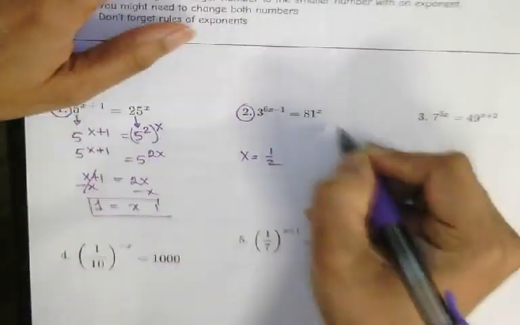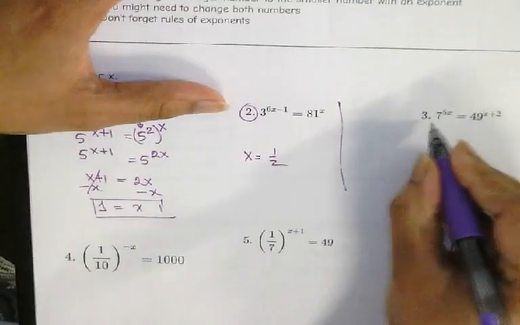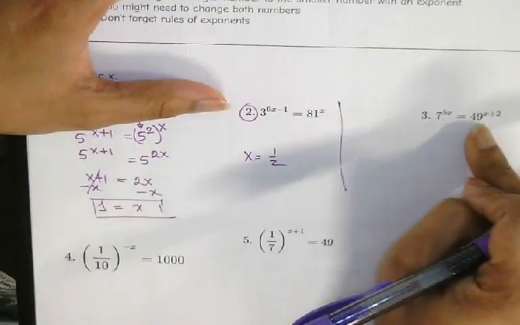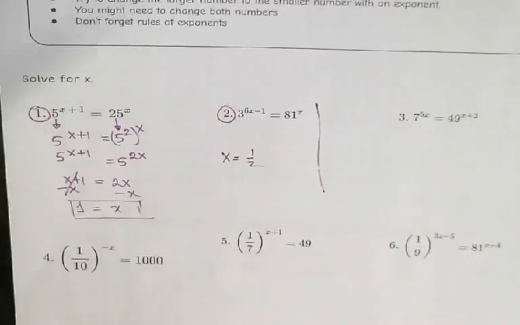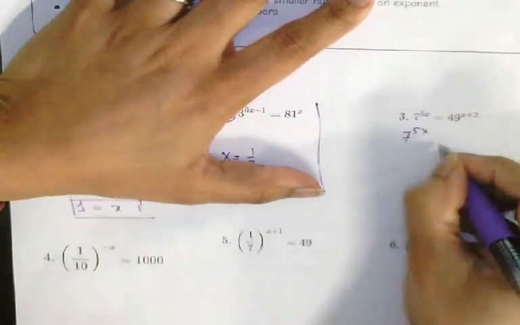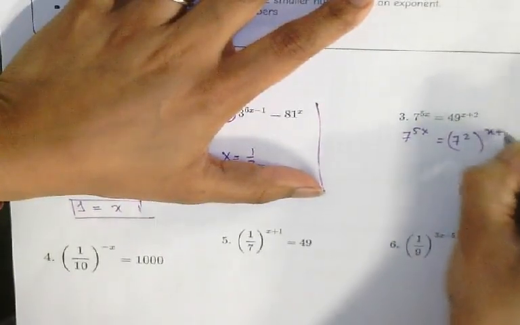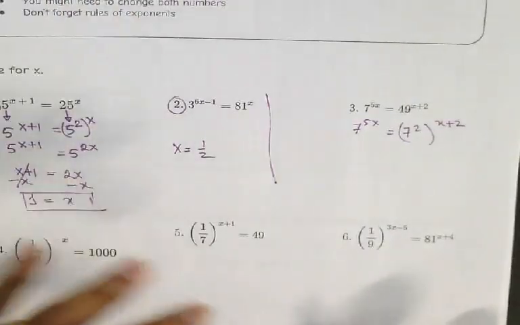I want to talk about number 3. Look at this one, please. So over here, I have the base 7 and the base 49. How can I break down the base on the other side? What should I do? 7 squared. So it's going to be 7 to the power 5x is equal to 7 squared to the power x plus 2. Now here, many of you did it wrong.